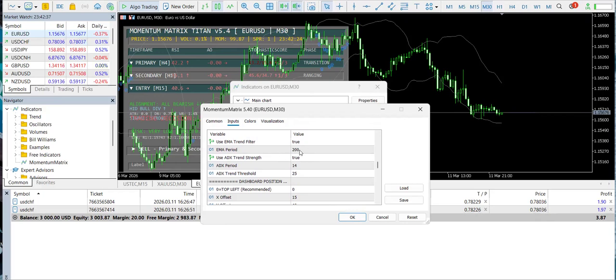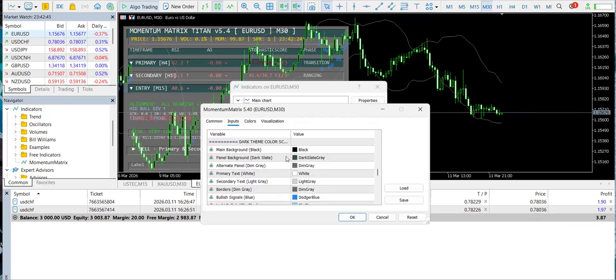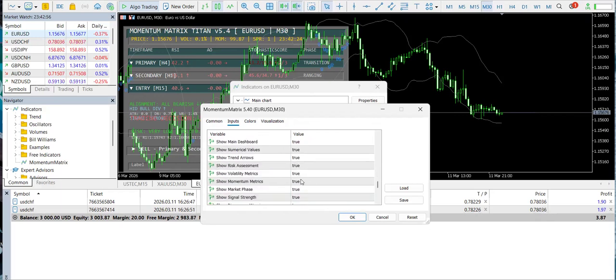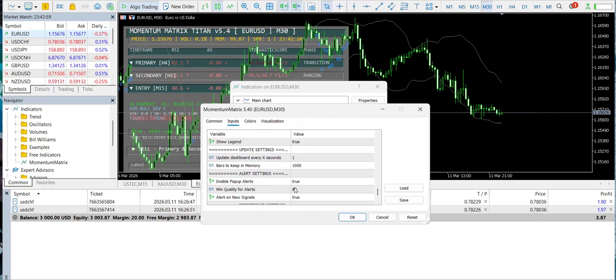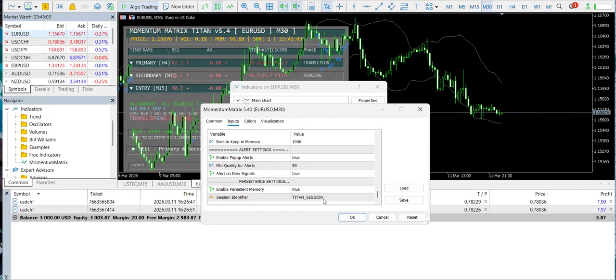For the 200, you can change the specific parameters according to your desired use. So this is the dashboard. You can play around with all of that. Show dashboard, and the rest, make sure they are true. Then you can update.